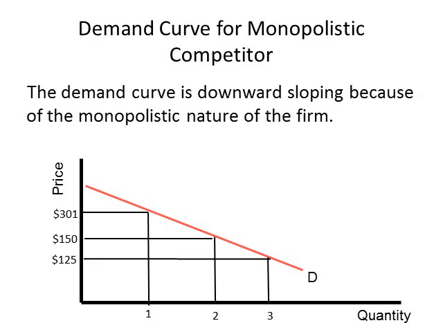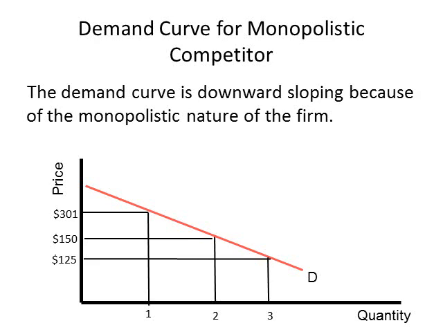So if we apply the formula to our example of the cell phone company, the marginal revenue when the monopolist decreases the price of its cell phones from $301 to $150 is $51. Notice that $51 is less than the new price of $150. When the monopolistic competitor decreases the price of the cell phone from $150 to $125, the marginal revenue is $25.